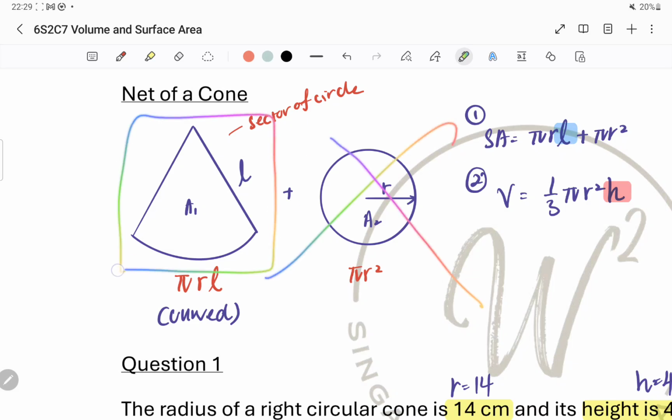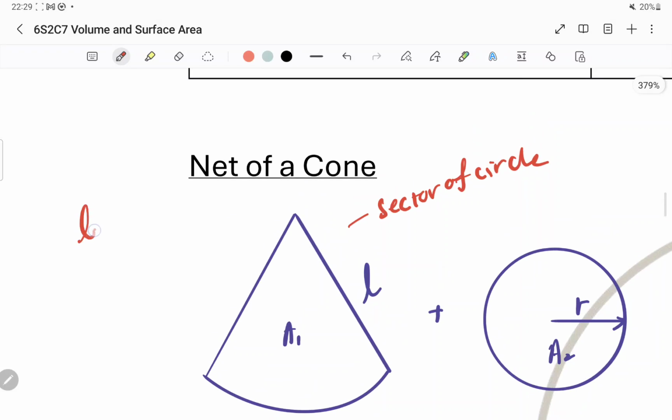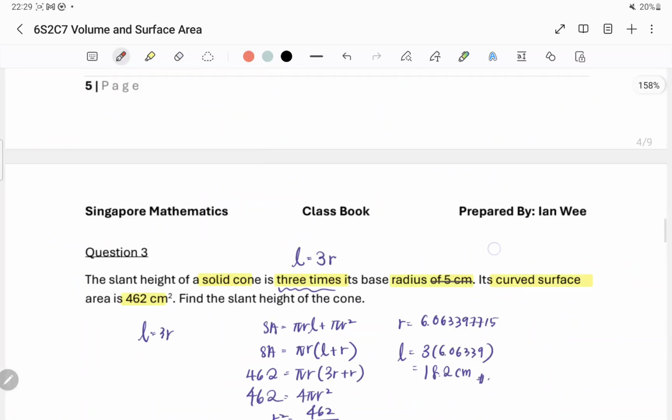Looking at a sector of a circle, do you know that this slanted length that we call for the cone is actually the radius of the sector? So this is what the question means now.